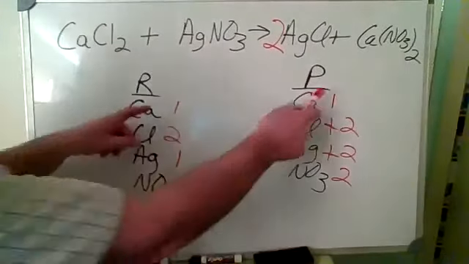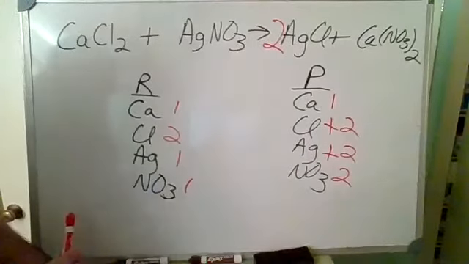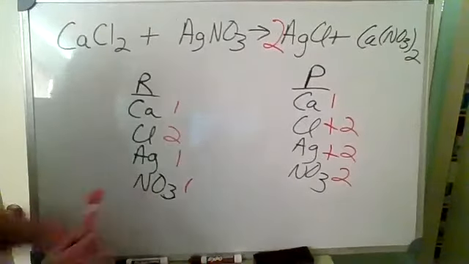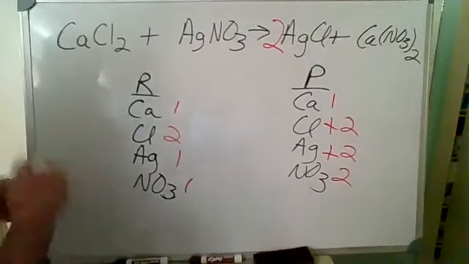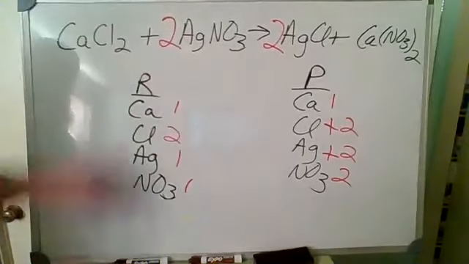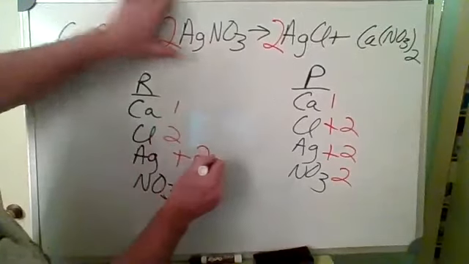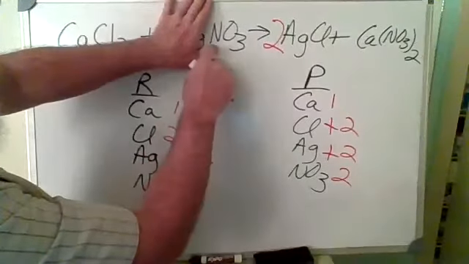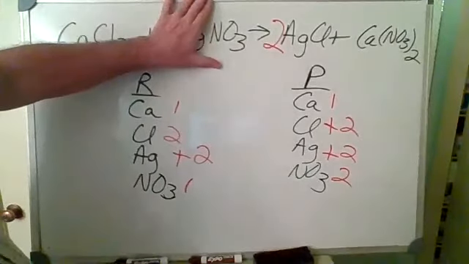So the calciums are balanced, the chlorines are balanced, the silvers are not. Here I have 1 silver, there I have 2 silvers. So I can put a 2 here, a 2 there. 1 silver times 2 is 2 silvers. Now here, I'm going to cover up the silver. What's left is my polyatomic ion, NO3.